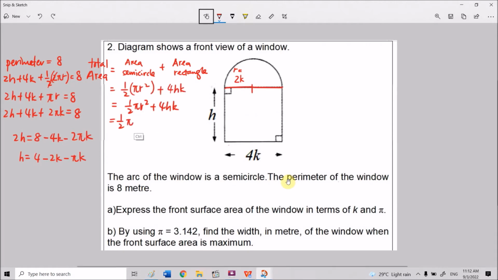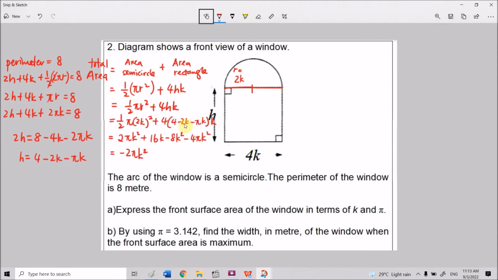So the r here again, we use 2k because the radius is 2k. 4 and k, 4 and k multiply into all the terms inside the brackets. k minus 4 pi k squared, I get negative 2 pi k squared. So that is the answer for A.